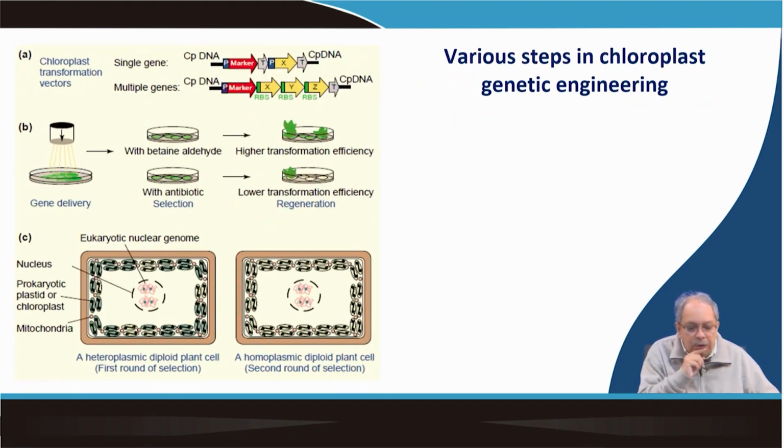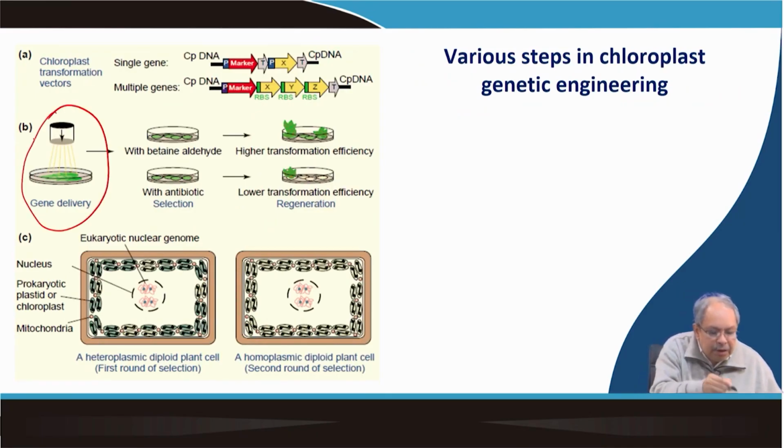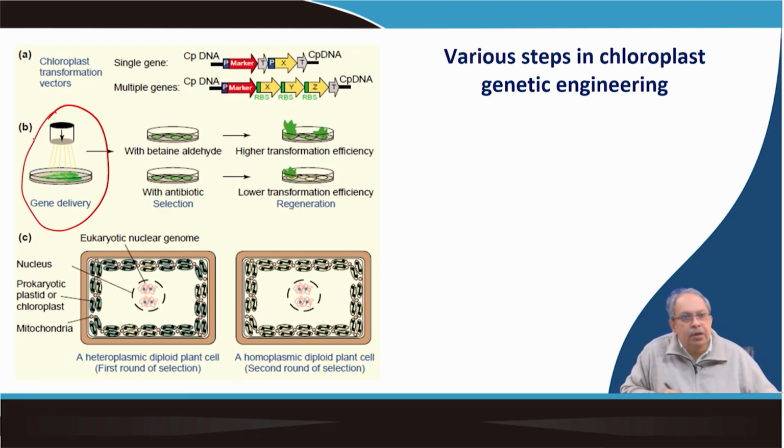Now, what we are going to see is the method of gene delivery. As I said, it is biolistic gene transfer. It requires high energy, so that the DNA which contains the gene of interest along with the antibiotic resistance marker gene should be able to go through the cell wall, cell membrane, and ultimately enter the chloroplast by piercing the chloroplast double membrane.